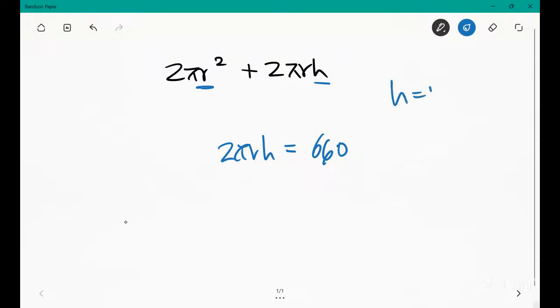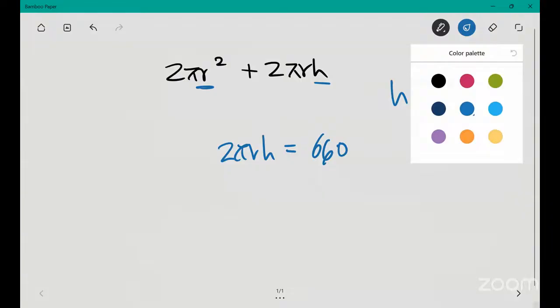So h is equal to 15, and they're asking you to find the whole surface area of a cylinder.